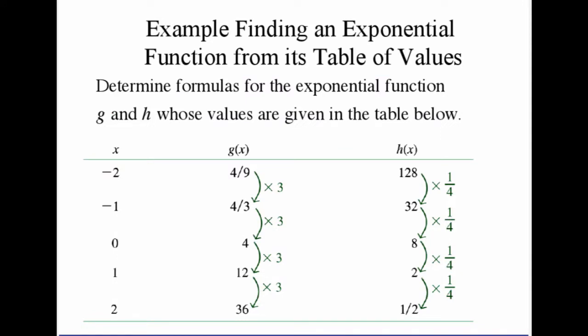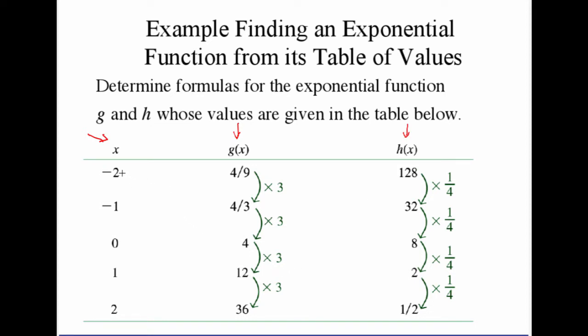So determine formulas for exponential functions g and h whose values are given in the table below. Here on the left we have some x values, in the middle we have function g and its corresponding function values, and here we have function h. Let's focus on g for a minute.